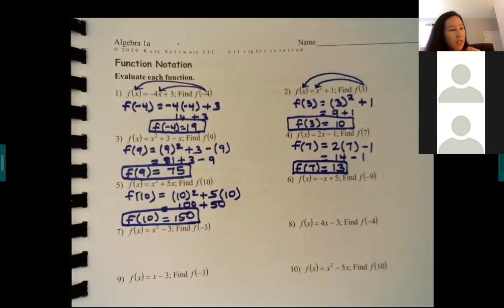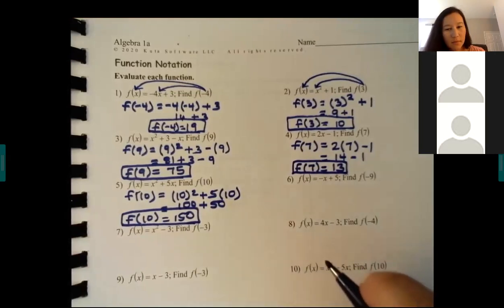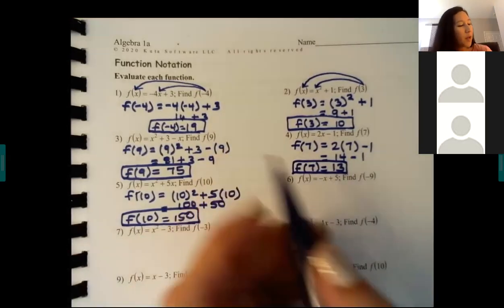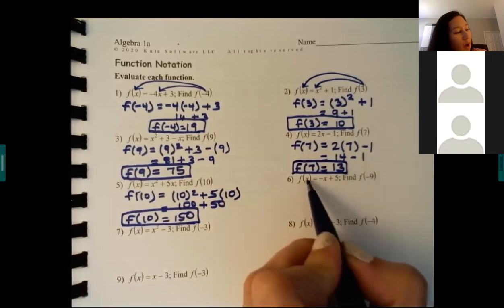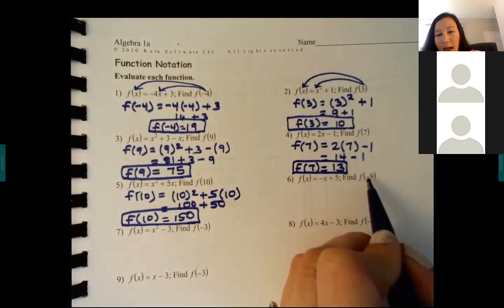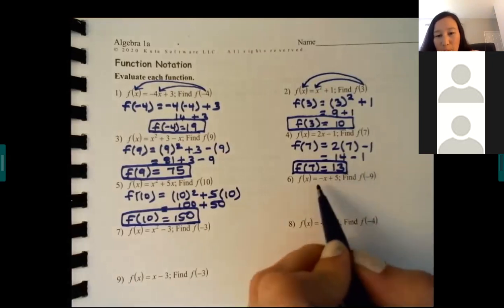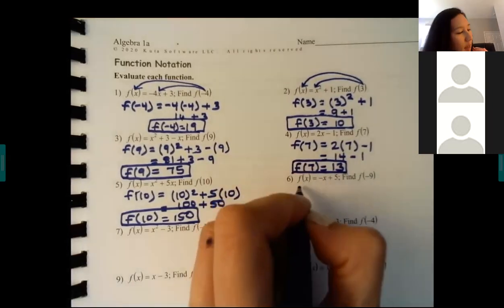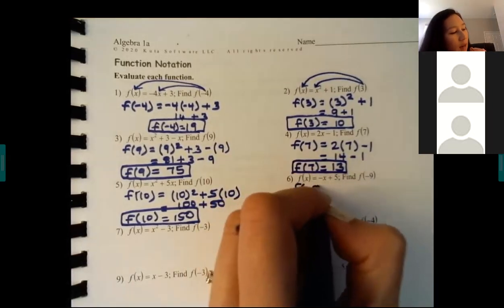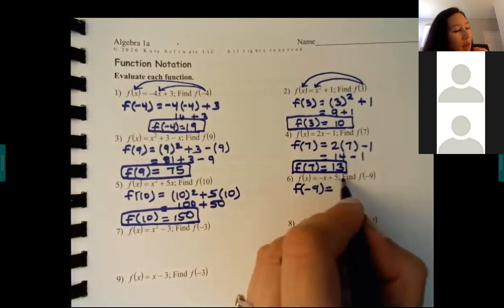Okay, Kaleni, can you help me with the number 6? I'm still trying to figure it out. Okay, so I'll help you. So f of x, so all they're doing is they plugged in -9 for x. So what we have to do is do the same. So instead of writing x here, we know that x is -9. So we're going to substitute a -9 for this x and any other x we see.